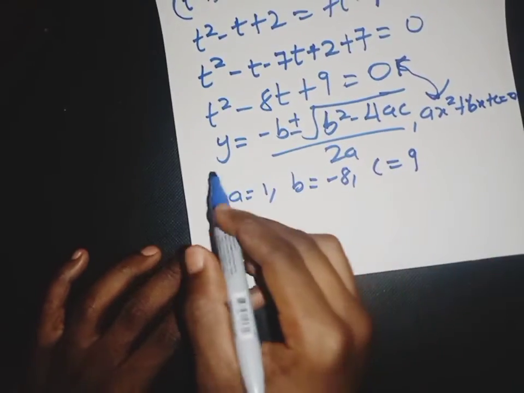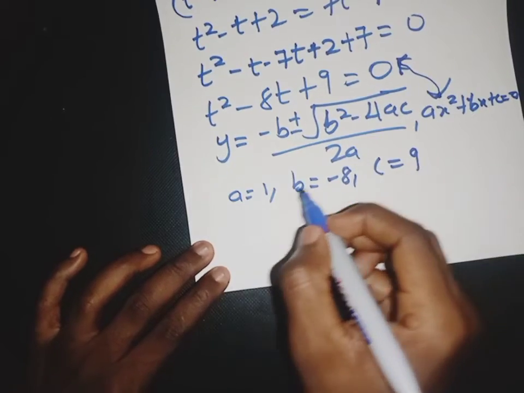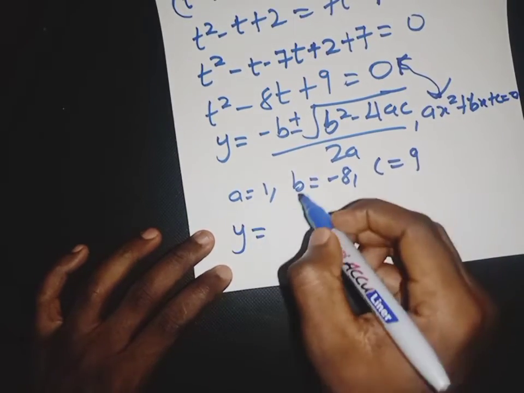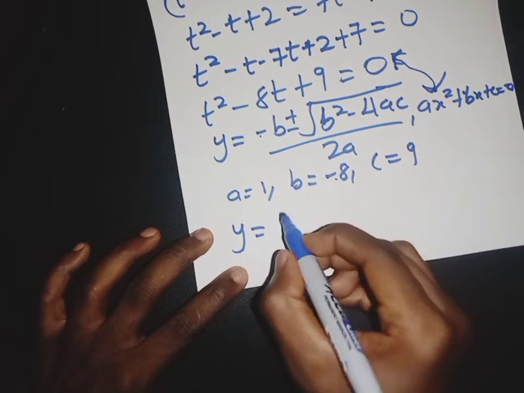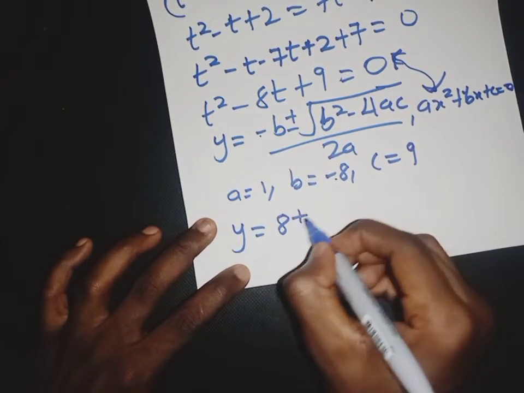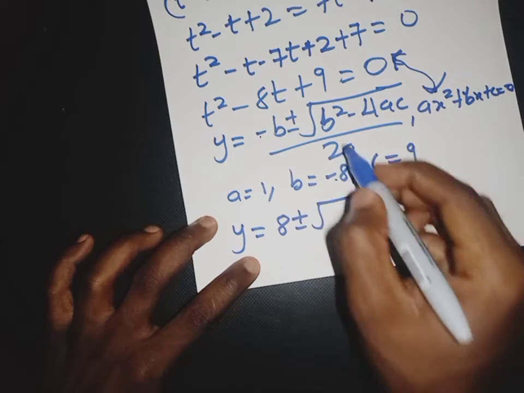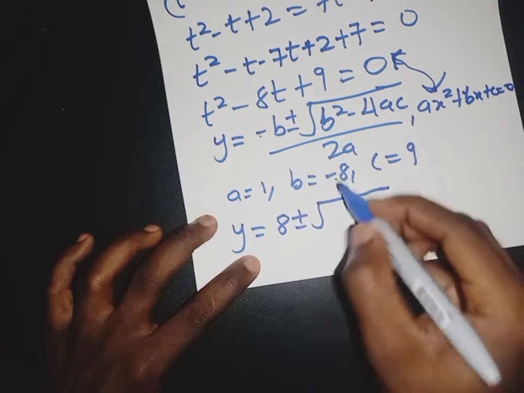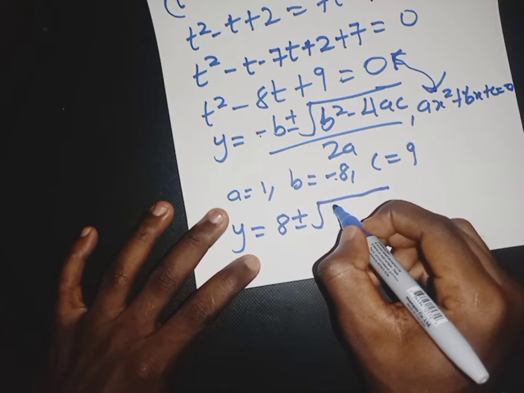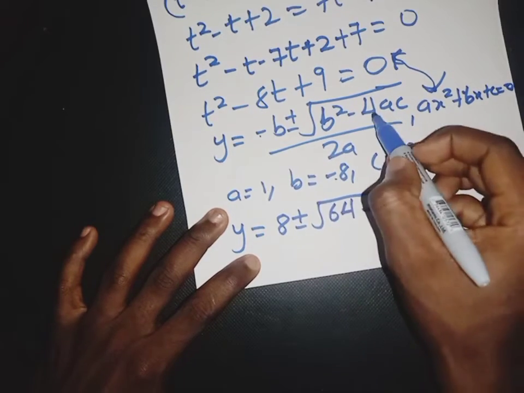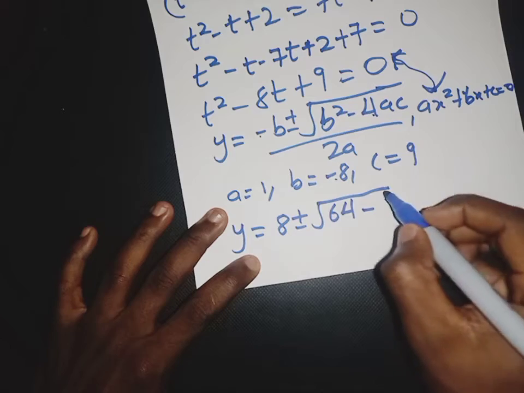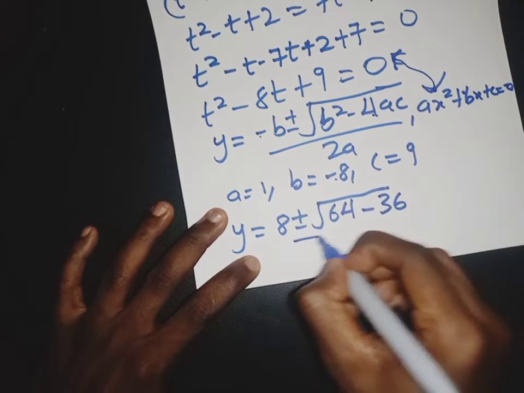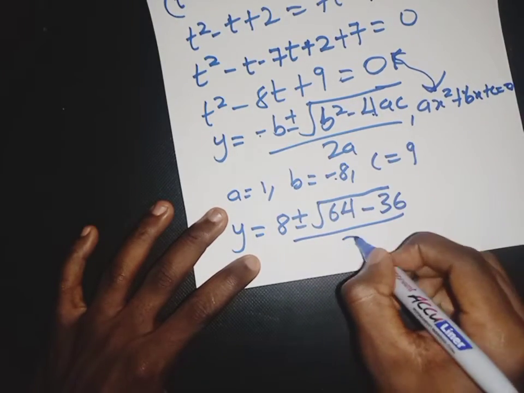So from here we have t equal to negative b, so negative negative is positive 8, plus or minus the square root of negative 8 squared, which is 64, minus 4 multiplied by 1 multiplied by 9, which is 36, divided by 2 multiplied by 1, which is just 2.